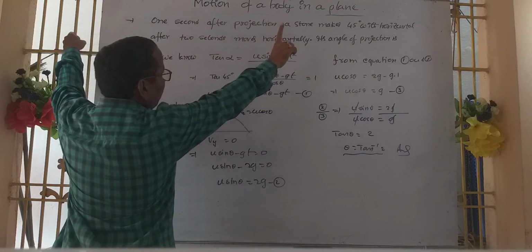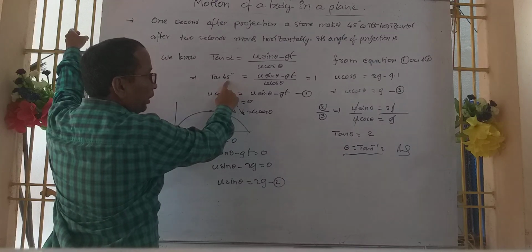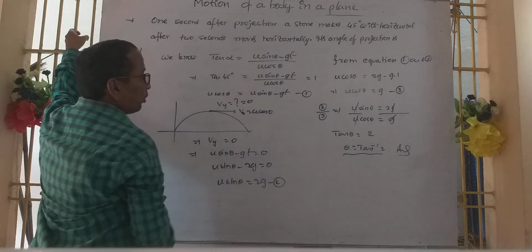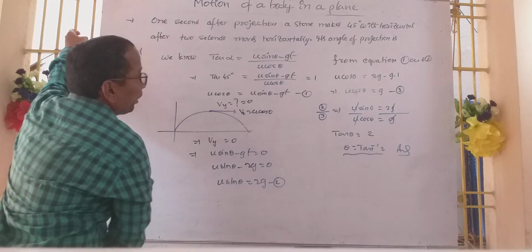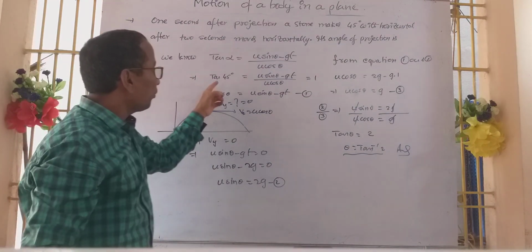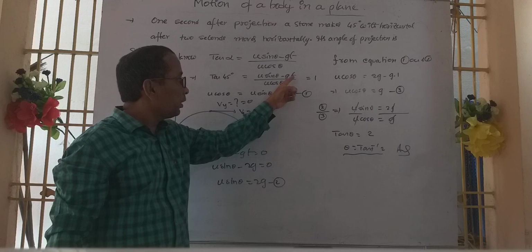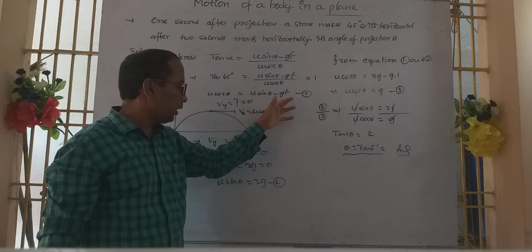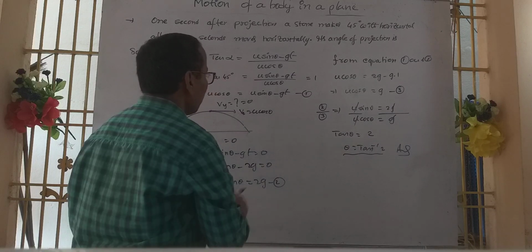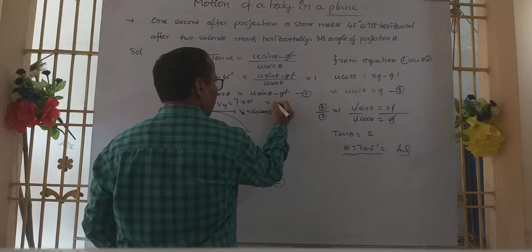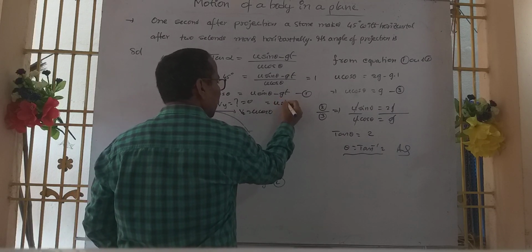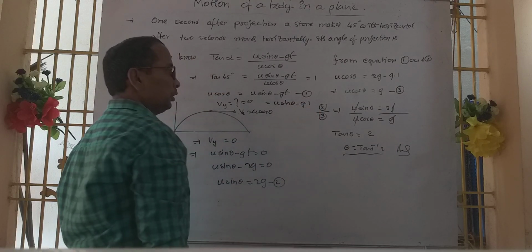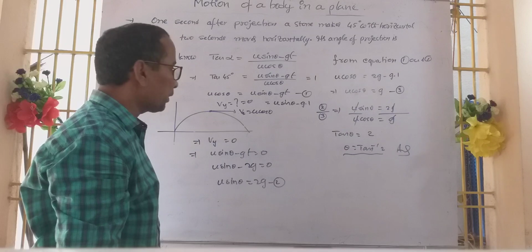Once again I will explain. 1 second after, it is making an angle of 45 degrees. That means tan alpha is equal to (u sin theta minus gt) by u cos theta. Tan 45 is equal to (u sin theta minus gt) by u cos theta. Getting cross multiplication like this, here also you can write u sin theta minus g into 1.